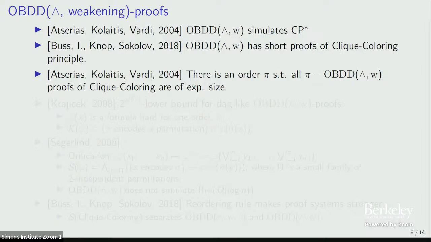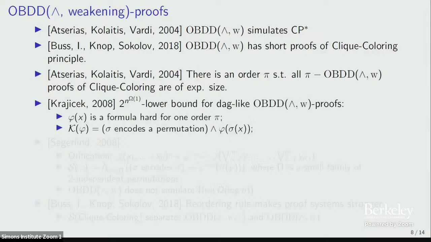So we have one easier order where there is a polynomial proof, and another order that is hard. And this hard order was used by Krajicek to prove a lower bound for all orders.